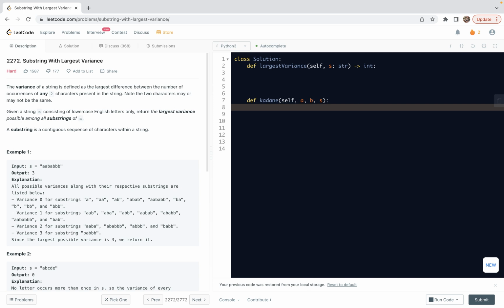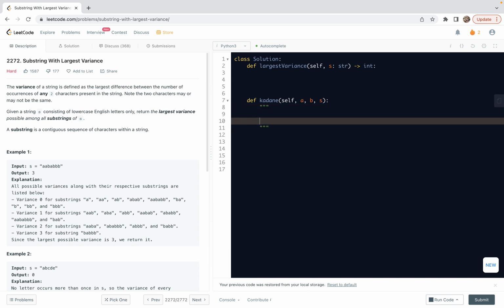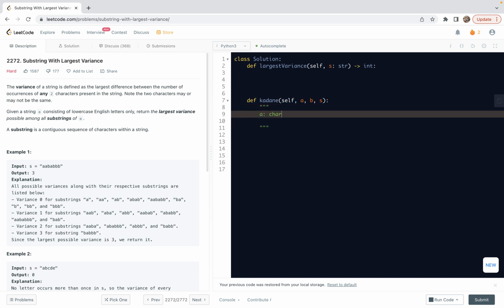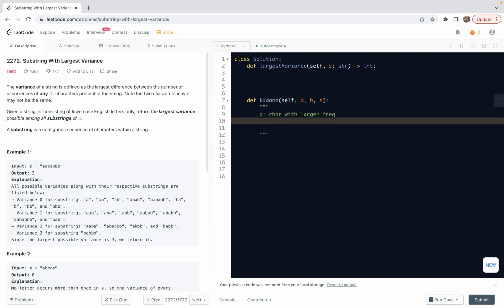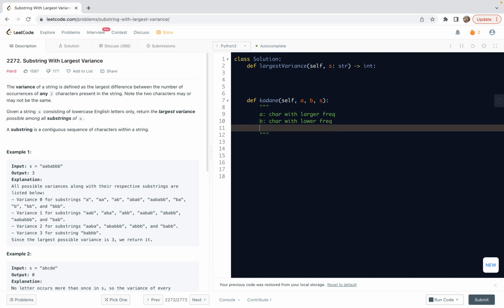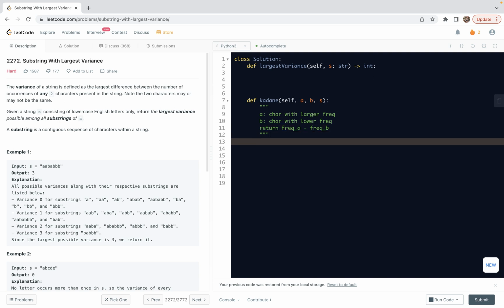We assume that A is the character with larger frequency, or larger occurrences, and B is the character with lower frequency. What we are going to return is the frequency of A minus the frequency of B. This will be an integer. So this is our plan.